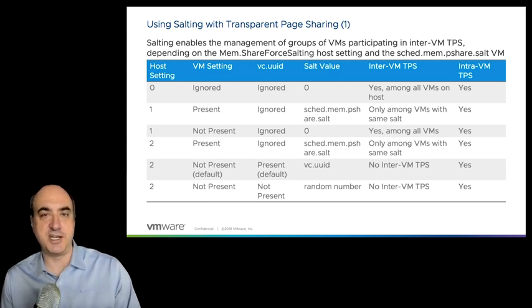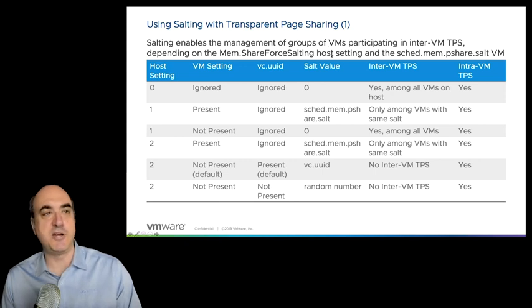Basically, the server setting says we're going to force salting on your VMs, right? Having each VM with its own unique salt value would prevent the VM from being able to share its pages with any other VM. If you don't force salting, then we don't care, and page sharing can go back the way it was.